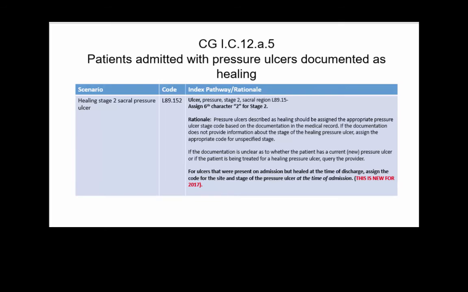I also have here in red on the right, you see that this is a new situation. For ulcers that were present on admission but healed at the time of discharge, you're assigning the code for the site and the stage of the ulcer at the time of admission. This is new. So even though the ulcer is healed by the time of discharge, you are going to code what it was at the time of admission.